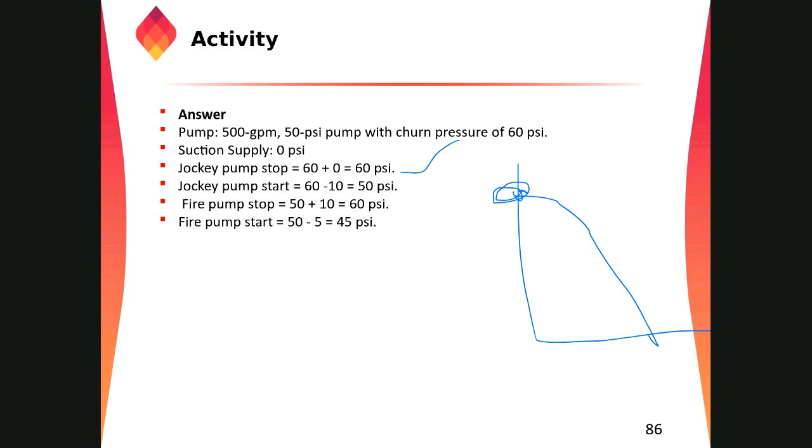It will stop at 60 psi, and if there is a leakage in the fire protection system, water is getting out and the pressure is getting down to 50 psi, a 10 psi difference, the jockey pump will start. Again the pressure goes to 60 psi, the jockey pump will stop, right? And if the pressure goes to 45 psi, the fire pump will start. So what is the bottom line?